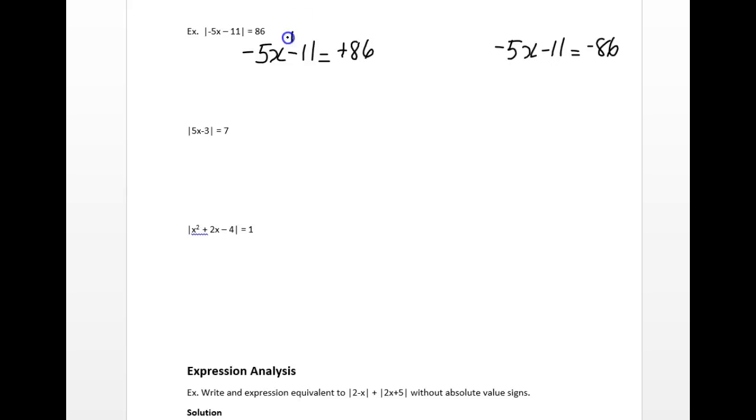So I will add 11, and I have negative 5x is equal to 97. Divide by negative 5, and I have x is equal to, what do I have? 97 over negative 5. I don't think it simplifies. Yeah, a plus version, a negative version.